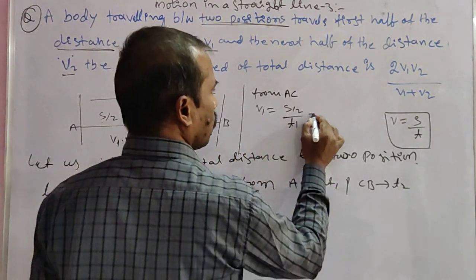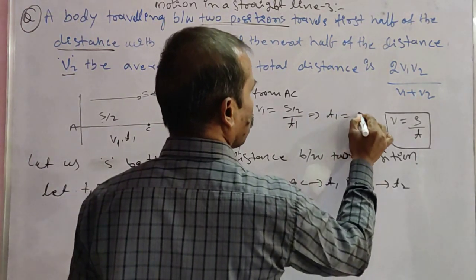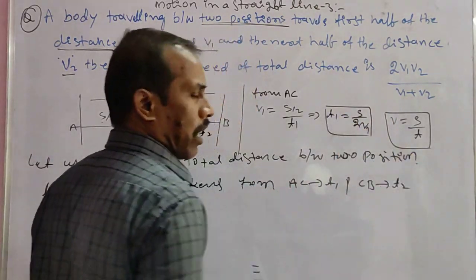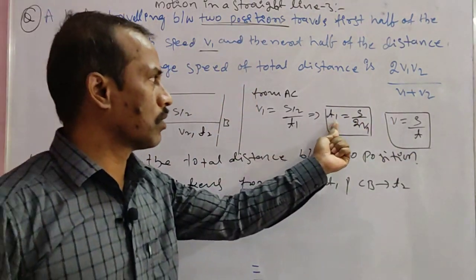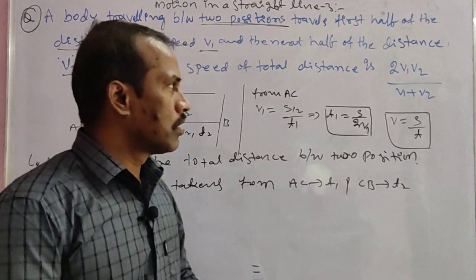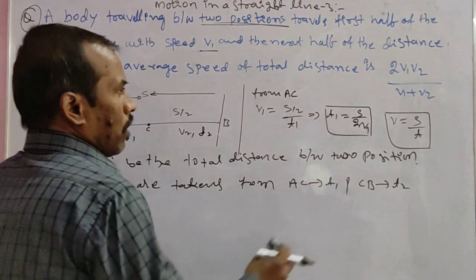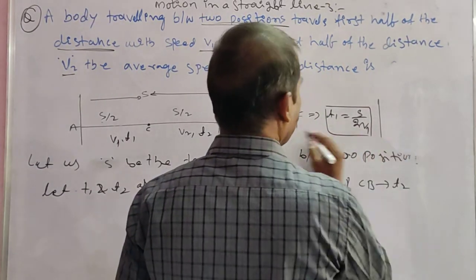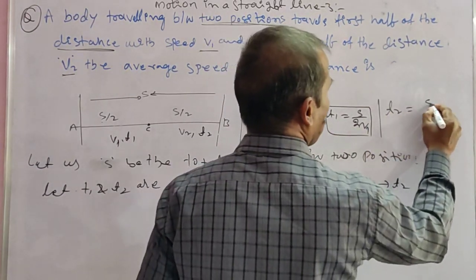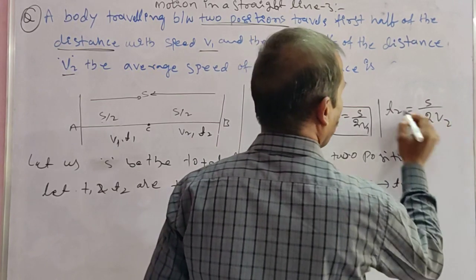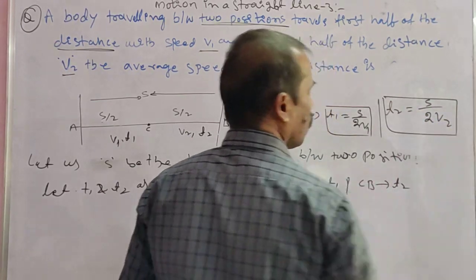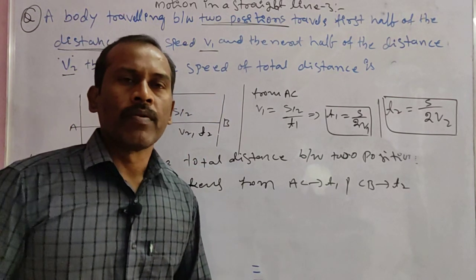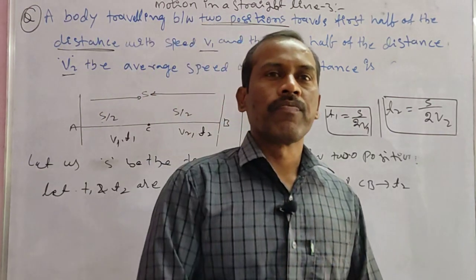Simplifying, T1 is equal to S by 2 v1. Similarly, T2 is equal to S by 2 v2. These are the two values.